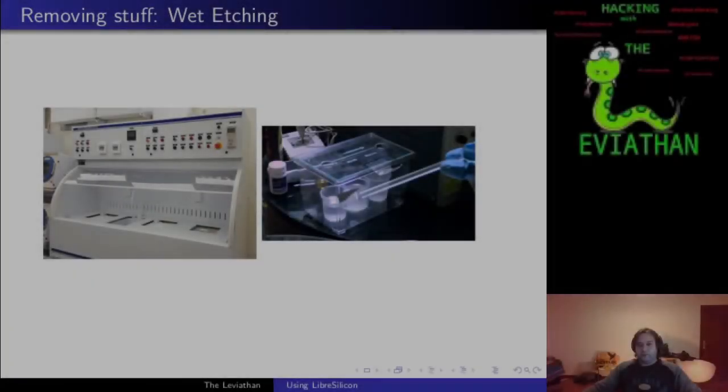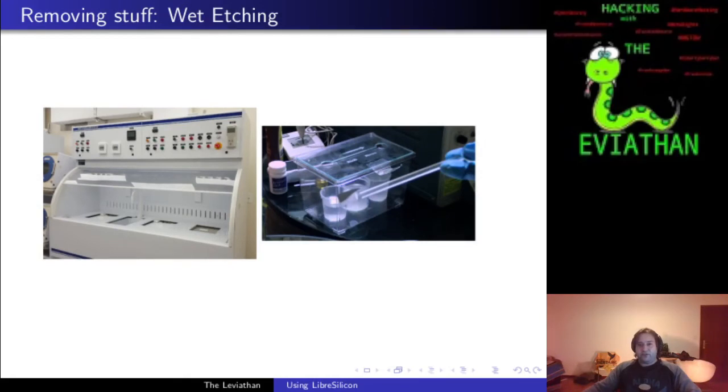For wet etching, you can either go professional with a big wet station, like here on the slides on the left, or you can go small-scale laboratory, like with this little mini home wet station from Jeri Ellsworth that she uses in her video Cooking with Jeri, making microchips at home.